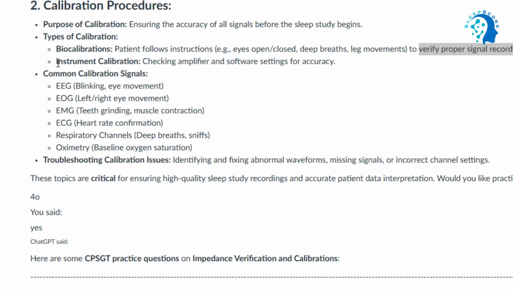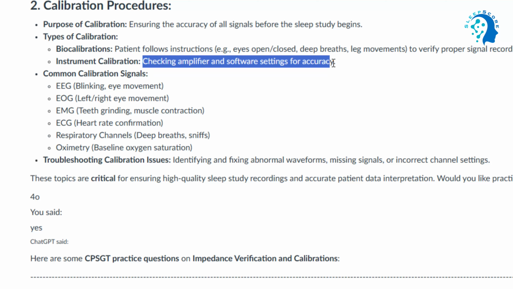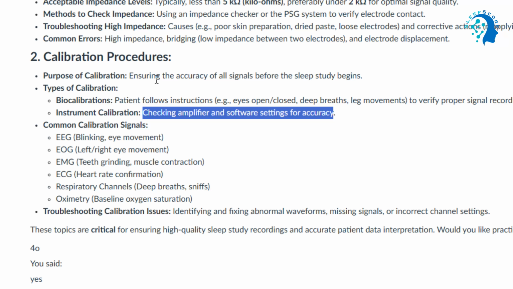The next thing is instrumental calibration: checking the amplifier, software and settings for accuracy. We check certain values of instrumental calibration.